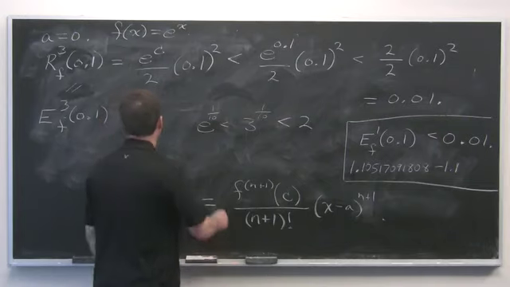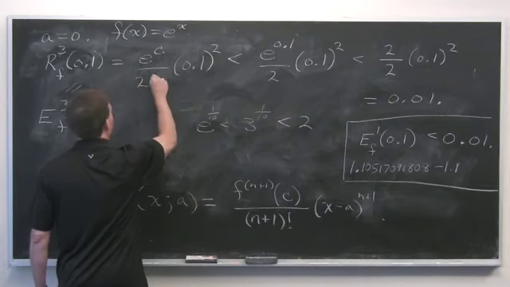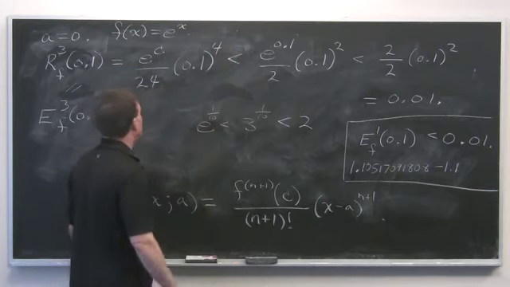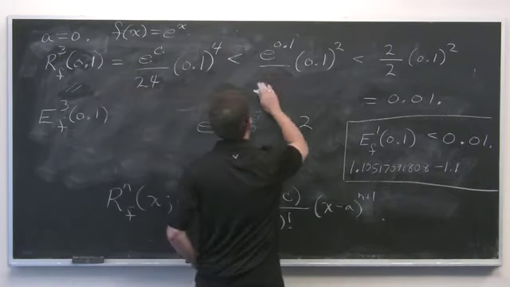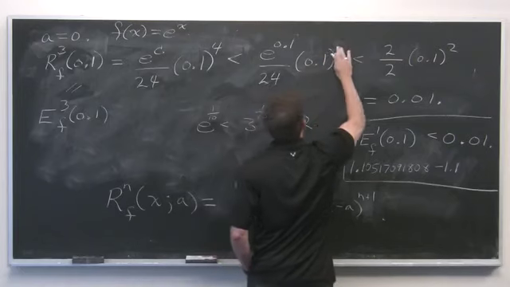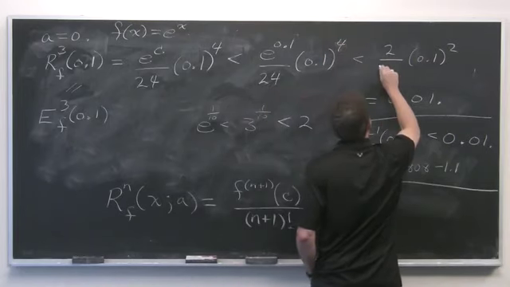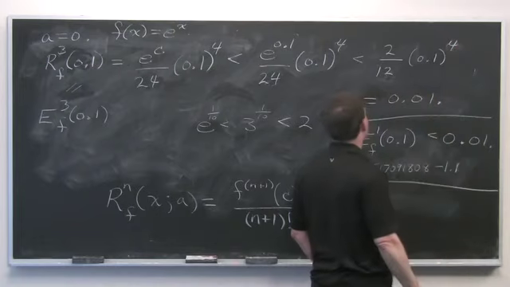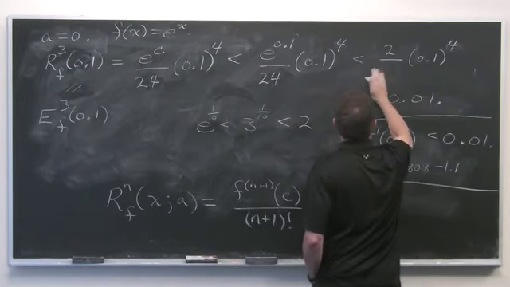N is now 3, so this is 4 factorial, that's 24. This is now 4. This is 24.